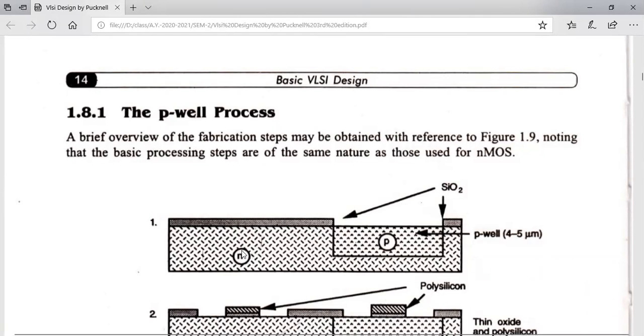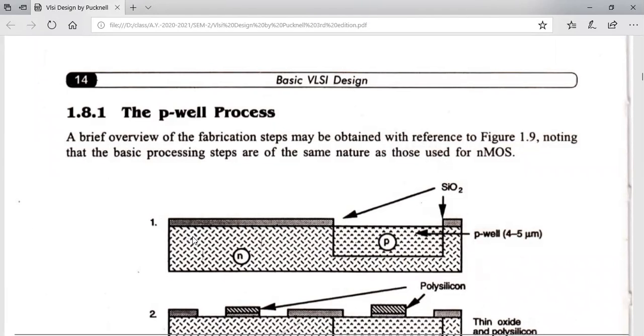So in the P-well process, first we have an N-type substrate. In that N-type substrate, I am creating a P-type well. How is this P-type well created? You have just seen the photoresist, which helps us create it.